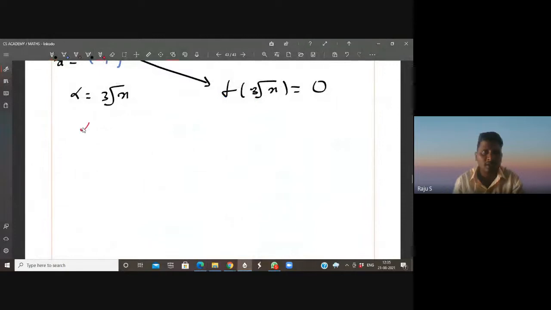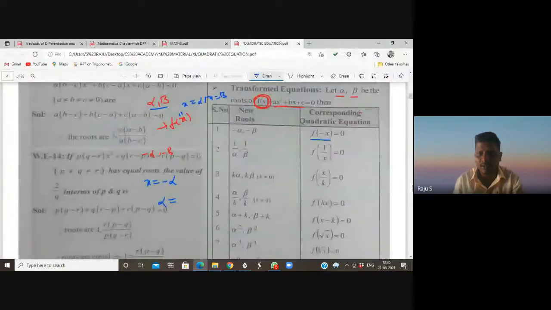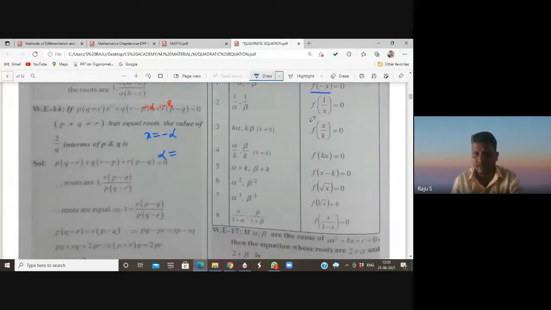Simple, again the same thing, x is equal to alpha by k, then alpha is equal to kx, then f of kx is equal to 0. That's all. Now all these cases we can take like that: equate to x, then find alpha value in terms of x. That's all, straight. Got it?